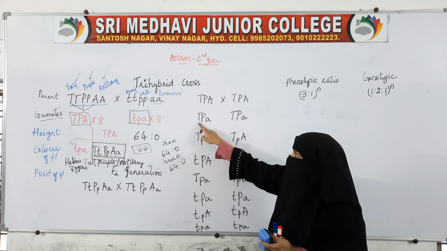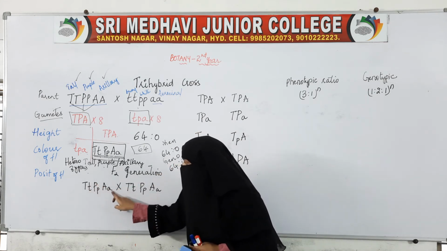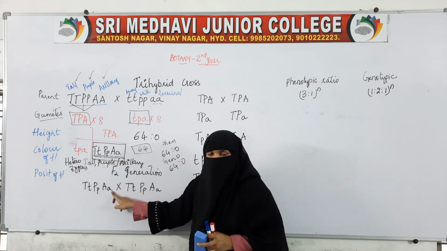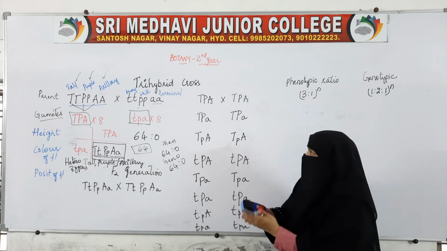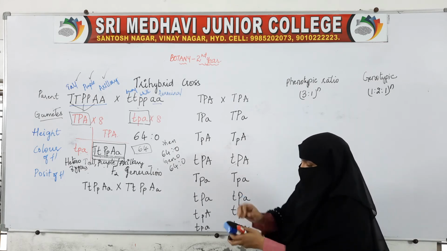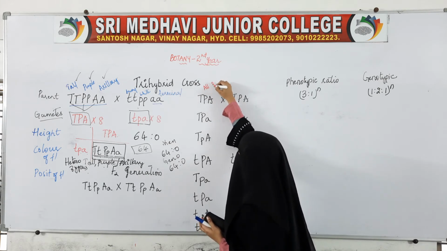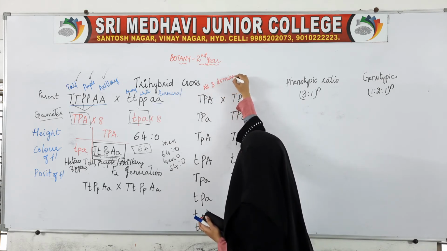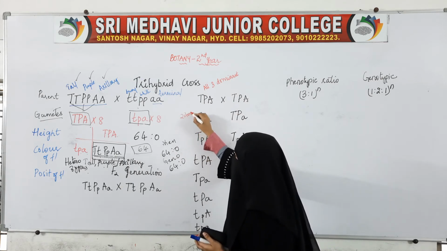Then the next type is capital T with capital P and small a. In this all three are dominant. Here in this now two are dominant.